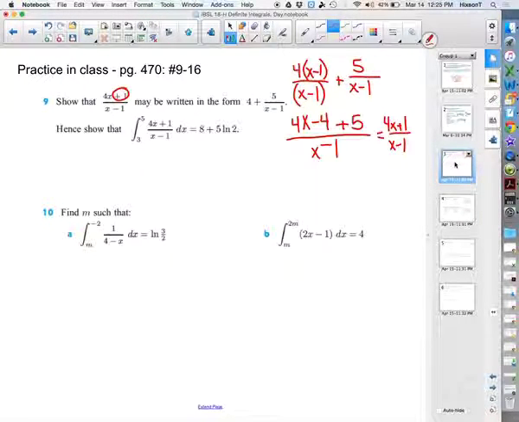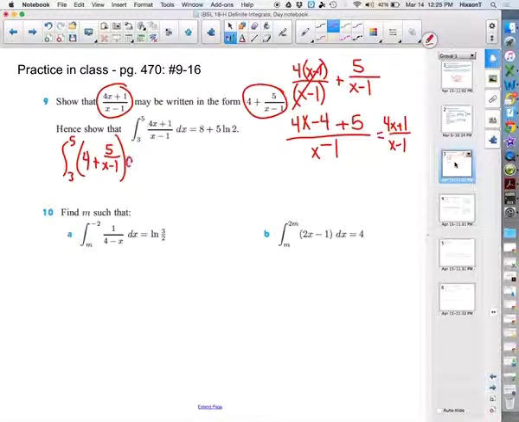Now that's significant, because if I am able to rewrite this as this, then when I'm asked to find the integral, I can do the integral from 3 to 5 of 4 plus 5 over (x minus 1) dx, right?